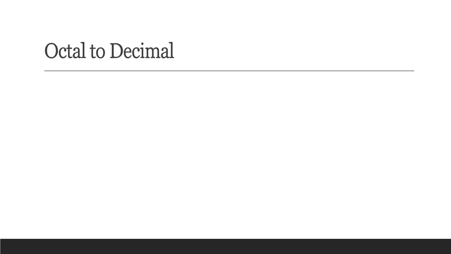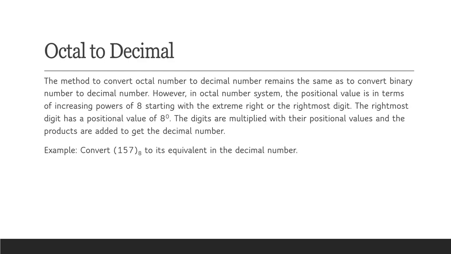Octal to decimal. The method to convert an octal number to a decimal number remains the same as to convert a binary number to a decimal number. However, in the octal number system, the positional value is in terms of increasing powers of 8, starting with the extreme right or the rightmost digit.